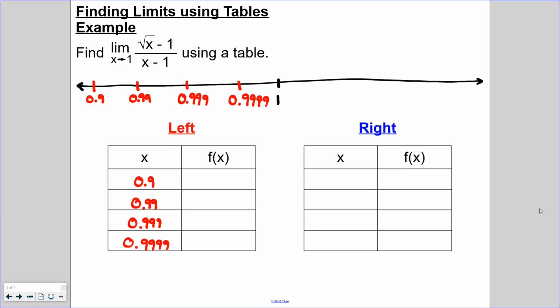Alright, so now we need to choose our numbers for our right-hand side. So again, we're looking for numbers that are still close to 1, but that are larger than it. So following in a similar way to picking 0.9, we can pick 1.1, because 1.1 is larger than 1, but it's also only 1/10 away. Now here's a trap that students sometimes fall into.